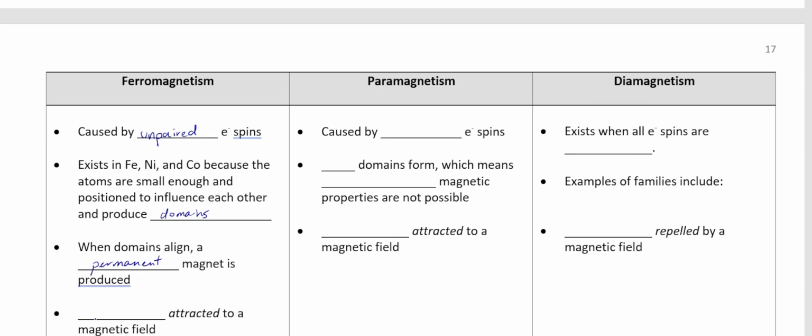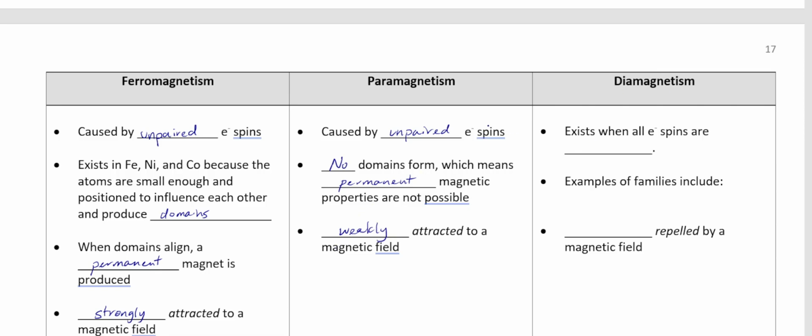and these substances are strongly attracted to a magnetic field. Paramagnetism is also caused by unpaired electron spins. However, no domains form in these substances, which means we cannot have permanent magnetic properties. It is weakly attracted to a magnetic field.